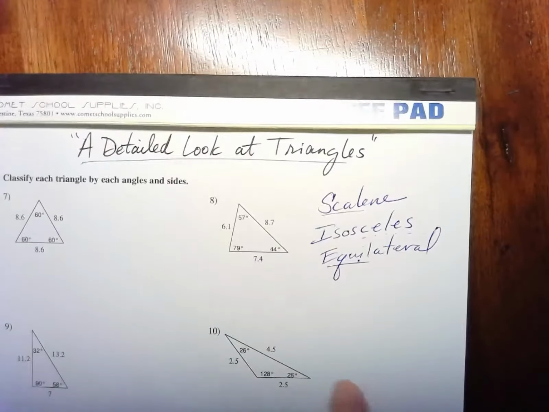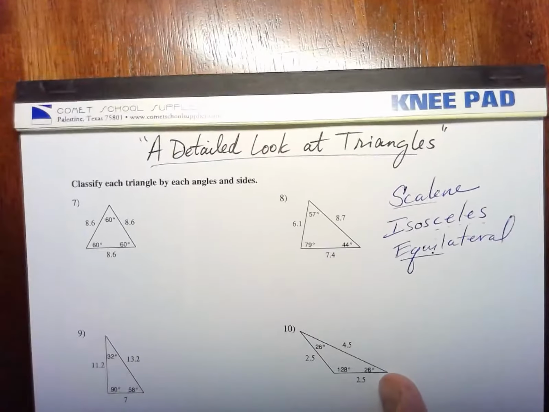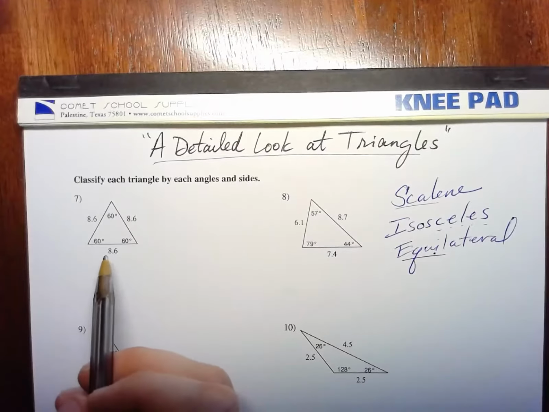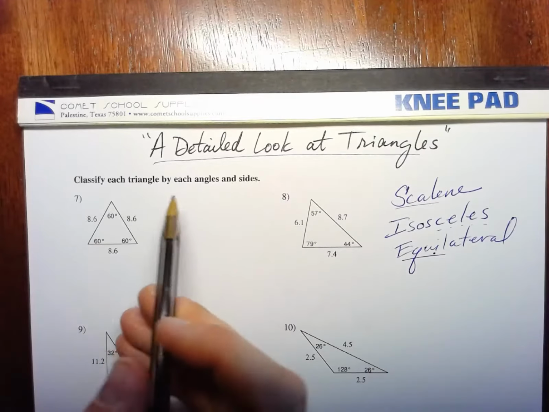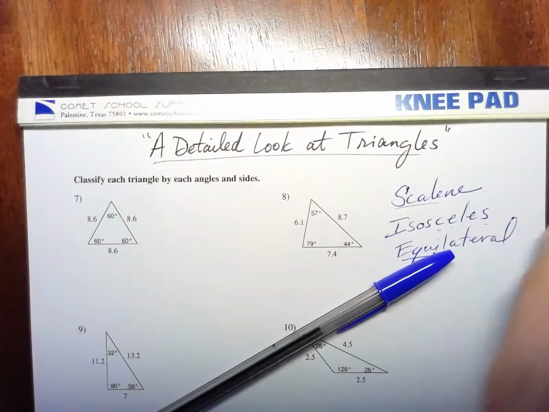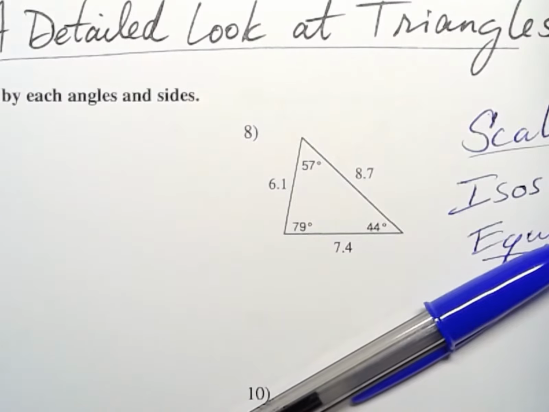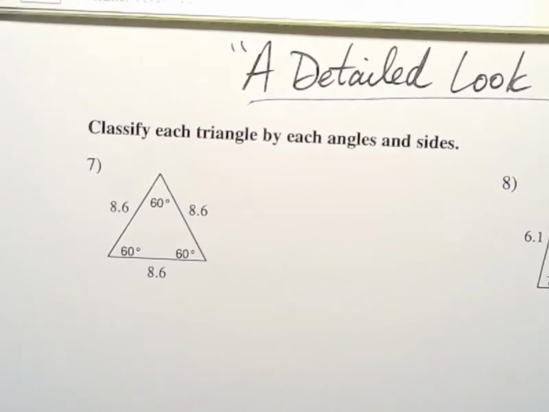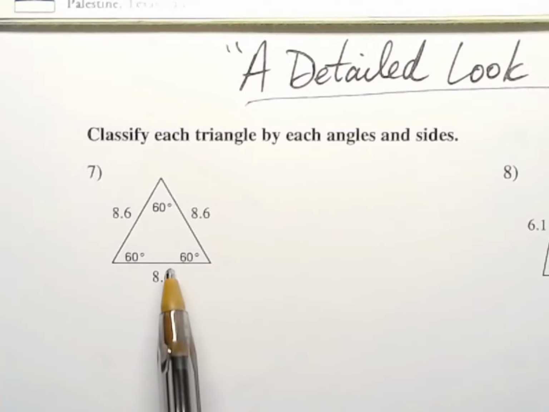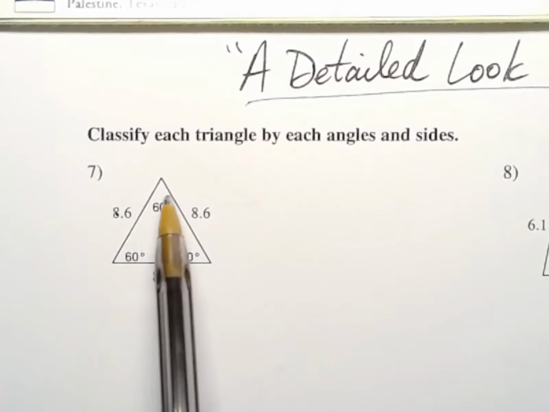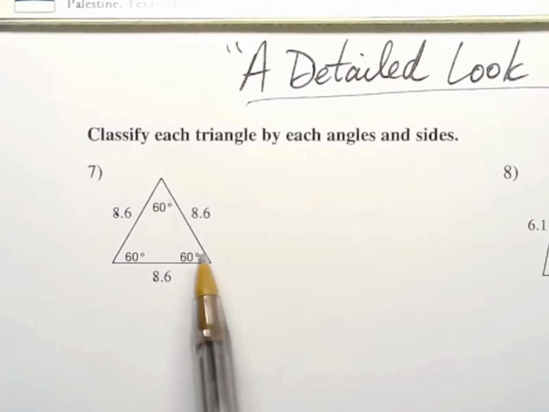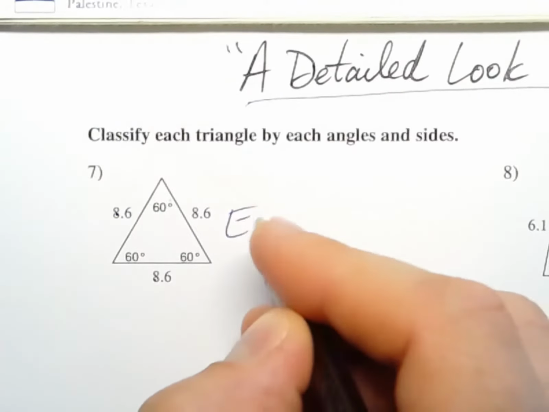All right, so let's look at this. I should try to blow this up a little bit. Let me go to 2x. That's better. In this one, look what we have. All three sides are the same and all three angles are the same. That's obviously equilateral.